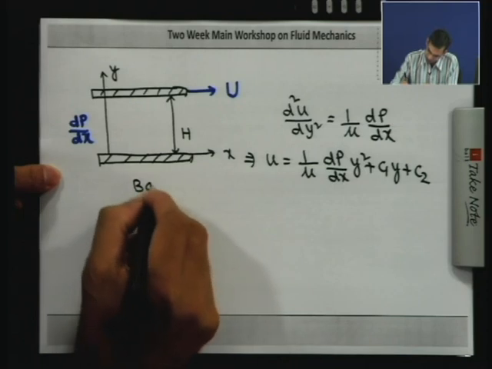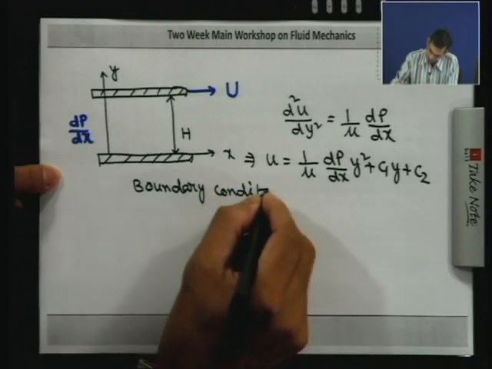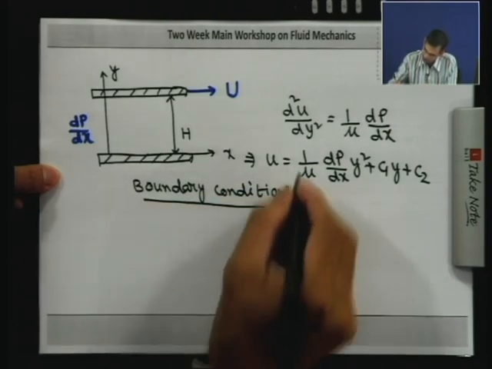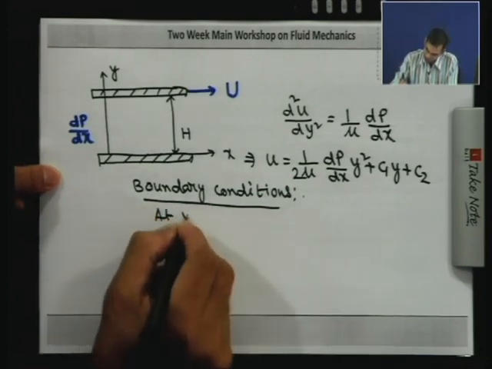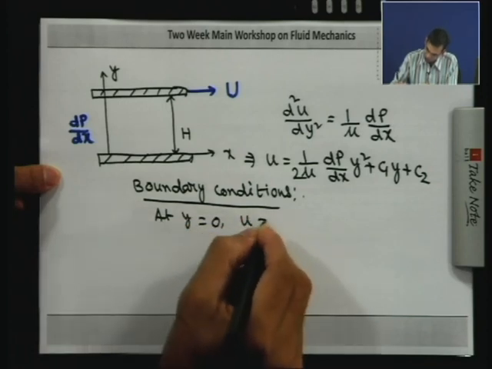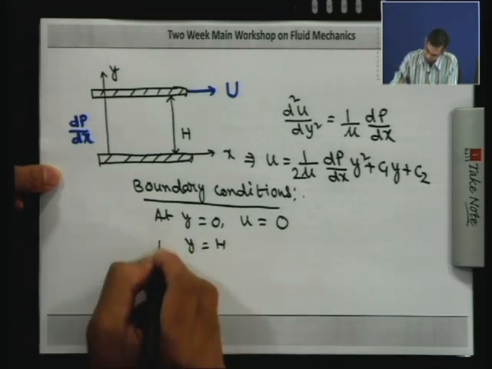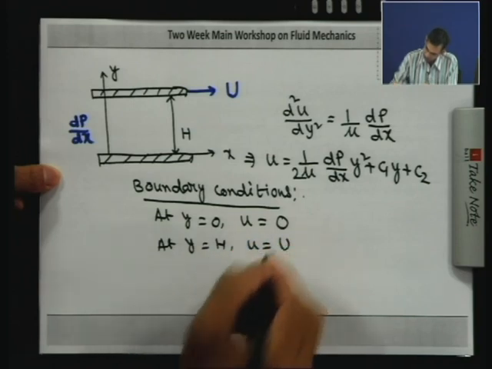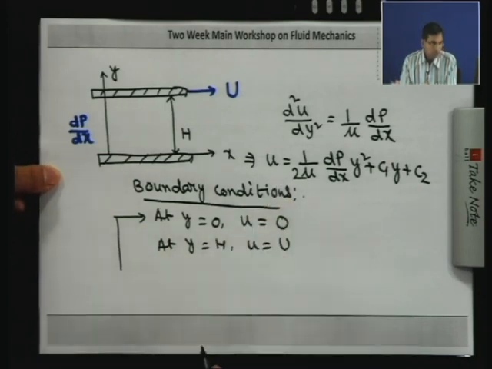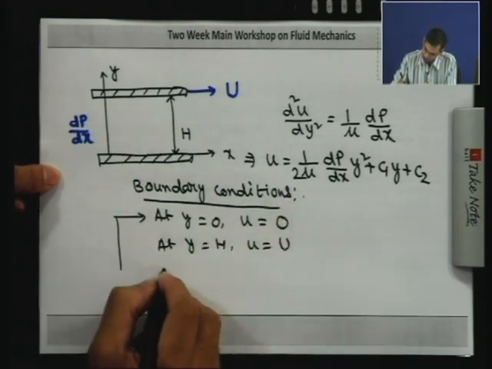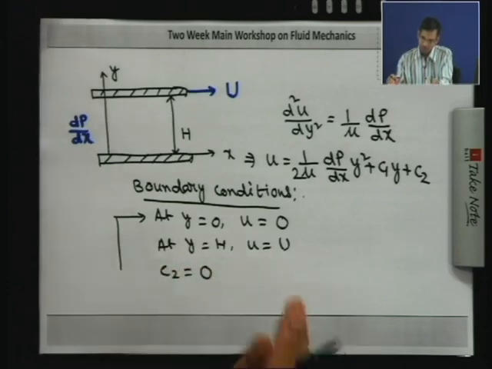First boundary conditions: at y equals 0, from the no slip boundary condition, velocity is 0, and at y equals capital H, u is capital U. So, from the first boundary condition, if we put it in the velocity profile, C2 will be 0.